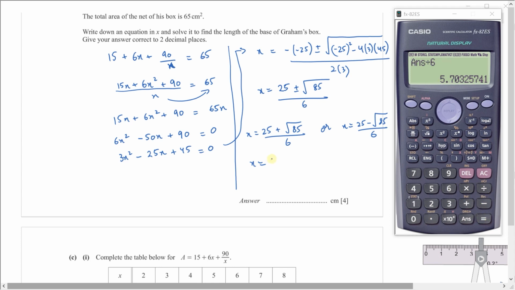This is 5.70, or your value of x here is 25 minus square root of 85 divided by 6. This is 2.63. So both of these are possible values of x. You can write either one of them in the marking scheme. Both of these are correct, so if you give any one of them, that should be fine.